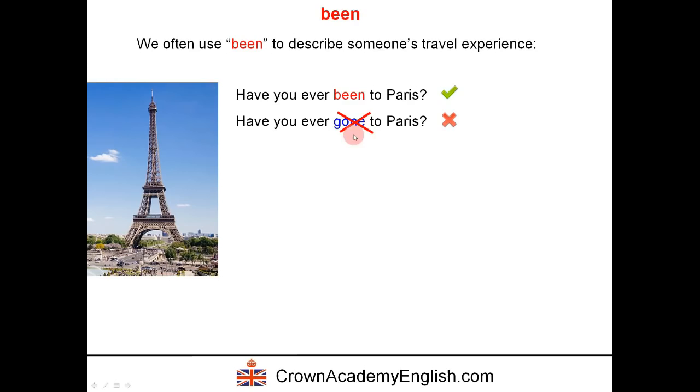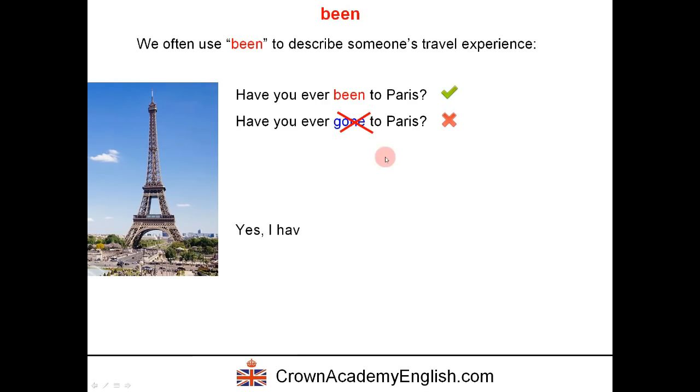This is why I have done this lesson today, because I hear this all the time from my English students and from all English students. Okay, so this is the big difference. For this context, for this use, when you want to ask someone about their travel experience, use been. Gone is wrong. This is a mistake.